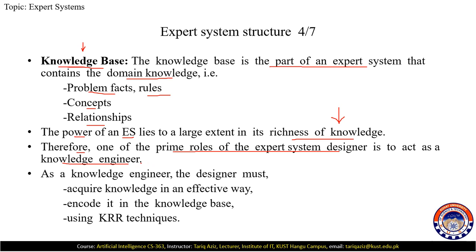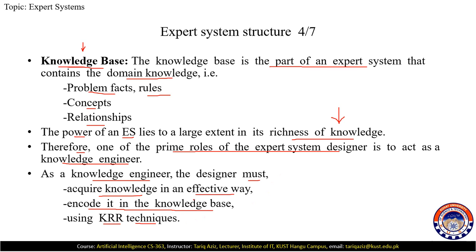What does the knowledge engineer have to do? The knowledge engineer must acquire knowledge in an effective way, and then be able to encode this knowledge in the knowledge base using the knowledge representation techniques which we studied in the previous lecture.